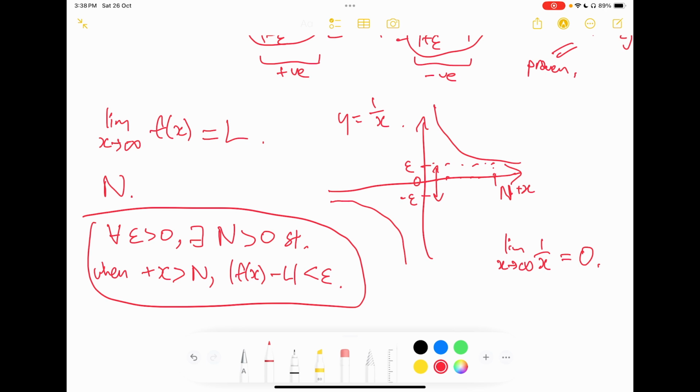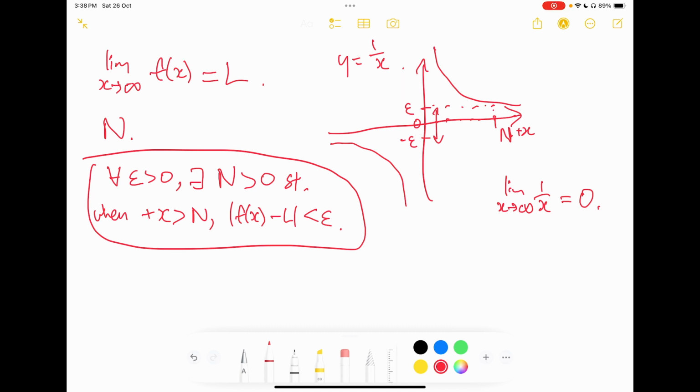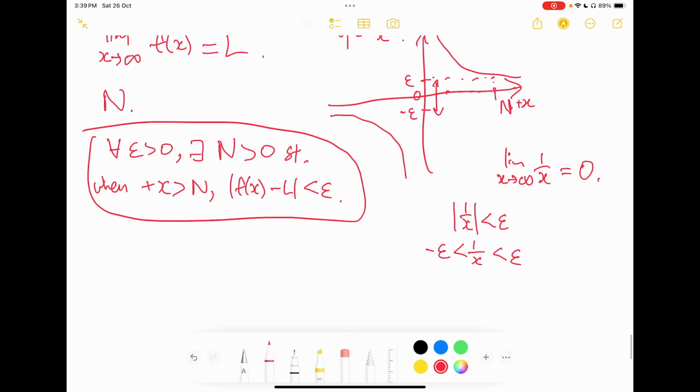In this case, okay, f(x) is 1 over x, minus L is 0, so it's just the absolute value of 1 over x. It's less than epsilon. Then we need to find this large number N such that this will work. Negative epsilon is less than 1 over x is less than epsilon.